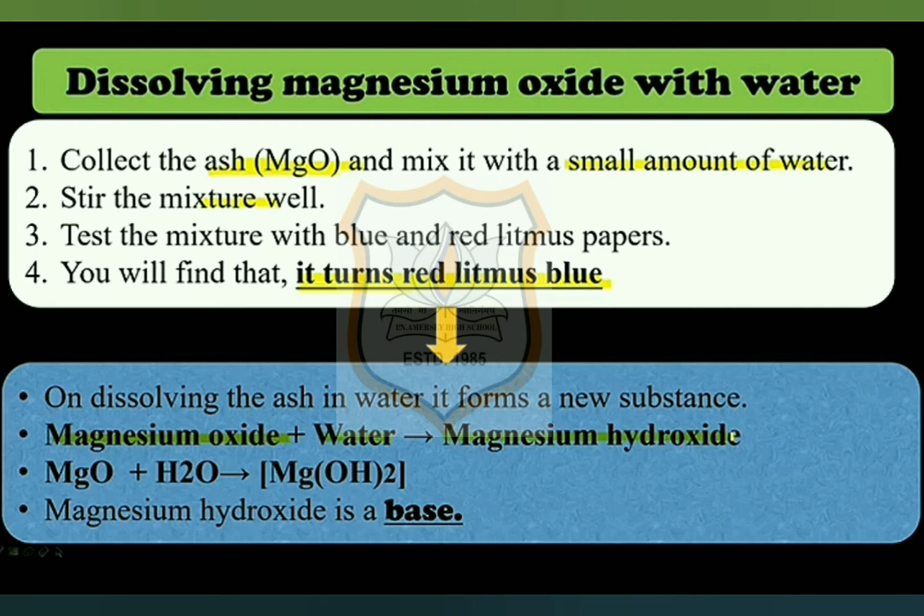You will find that it turns red litmus blue. So, on dissolving the ash in water, it forms a new substance, that is magnesium hydroxide, and it turns red litmus blue. So, magnesium hydroxide is a base.